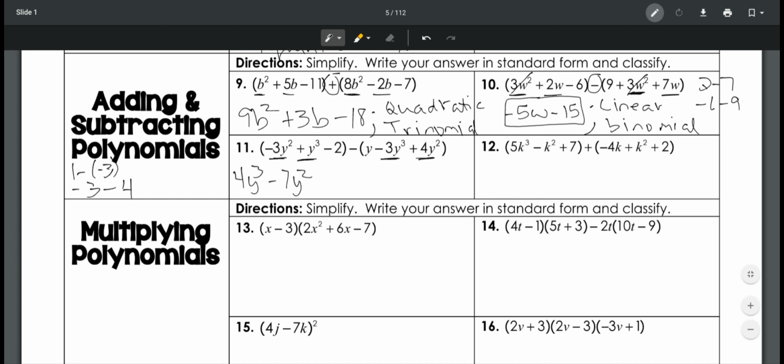Now, in the first parentheses, I have a constant term, but I do not have a constant in the second parentheses, but I do have an extra term in the second parentheses, which is a y. Now, when you're trying to put your answer in descending order, the y would come before the constant because the constant is always at the end.